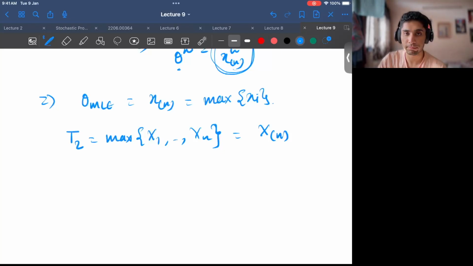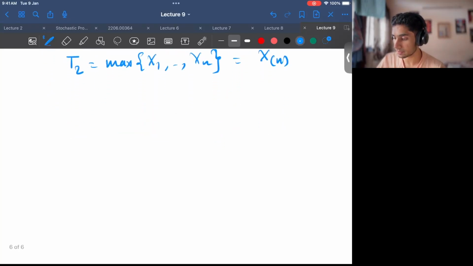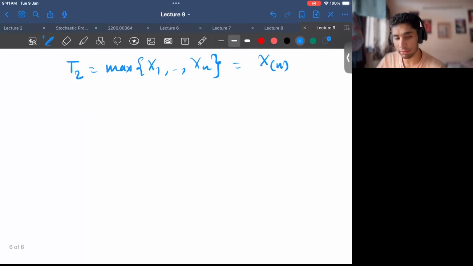If that is the case, now you have to find if it is biased or not. For that you need to first find the distribution of this thing.